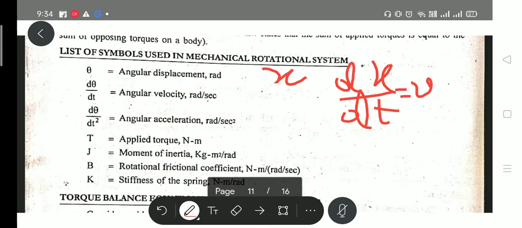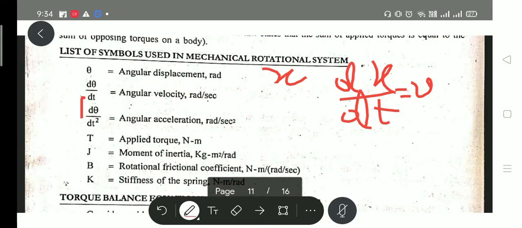Here T is applied torque in Newton meters, J is moment of inertia in kg meter square, B is rotational frictional coefficient, and K is the stiffness or spring constant. These are the symbols used in mechanical rotational systems.